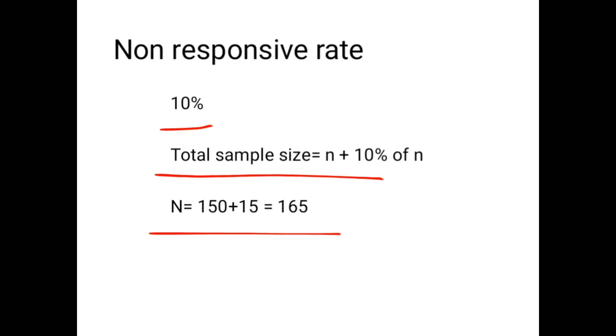That is 150 plus 10% of 150. 10% of 150 will be 15. So the total sample size derived is 165 patients. We have to take 165 patients in total, but for calculating the results we will be taking only 150 patients.